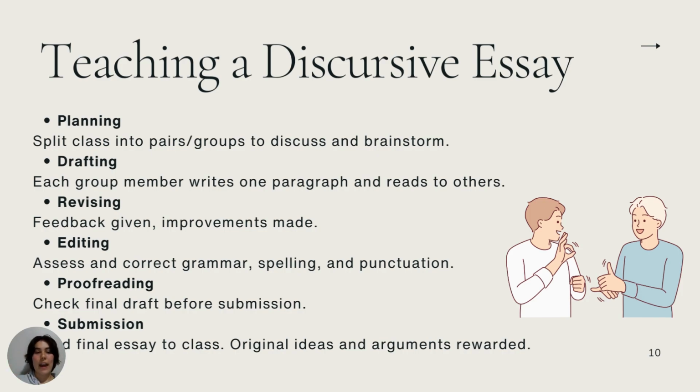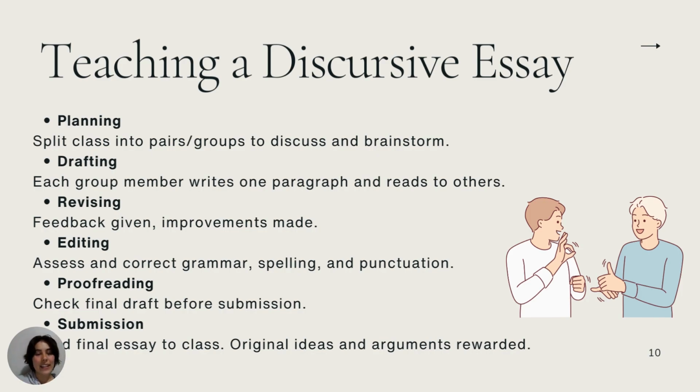Then they can go back and revise. They can revise one another's work. They can revise their own work. They can share amongst groups, have discussions and further debates, and refine to make sure that their paragraphs are cohesive with one another, so that they have a fluent style and voice, and that the content all makes sense together.